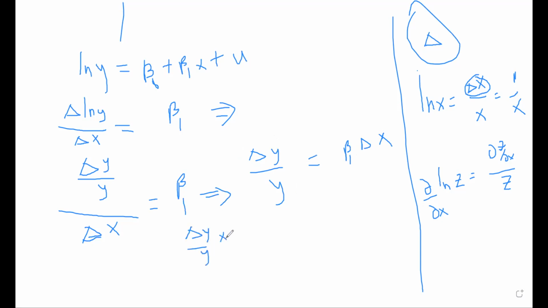Change in y over y times 100 equals 100 times beta 1 times change in x. I've multiplied both sides by 100, so nothing changes. Therefore, this is a percentage change in y. Change in y over y times 100 is percentage change in y.